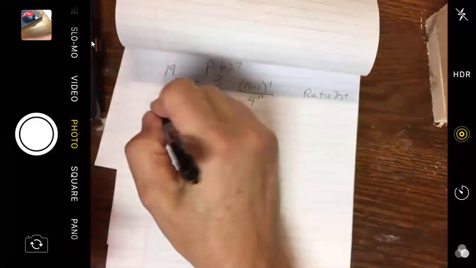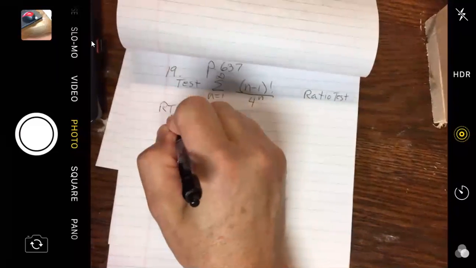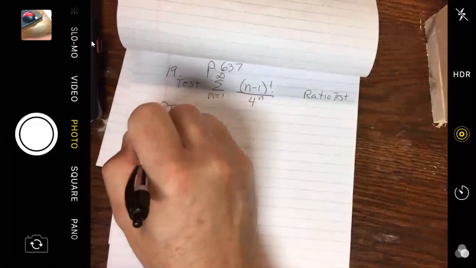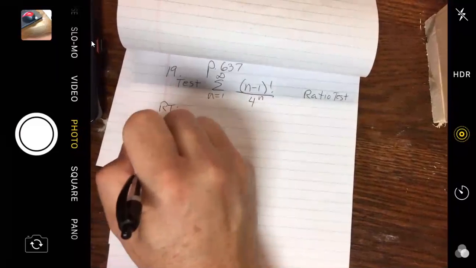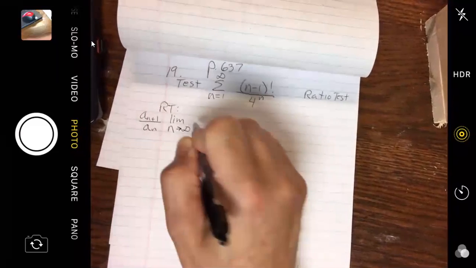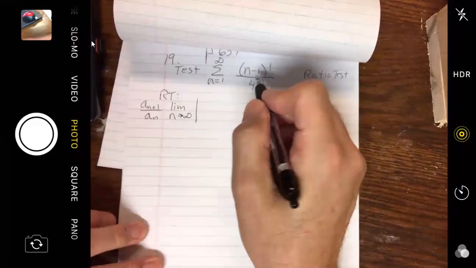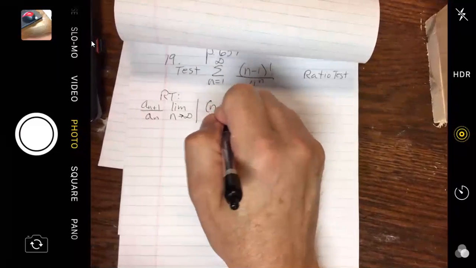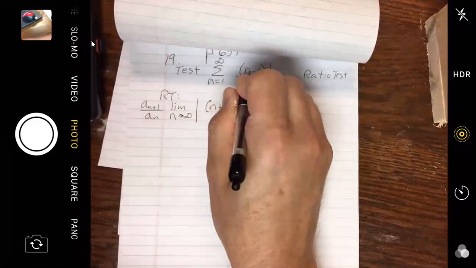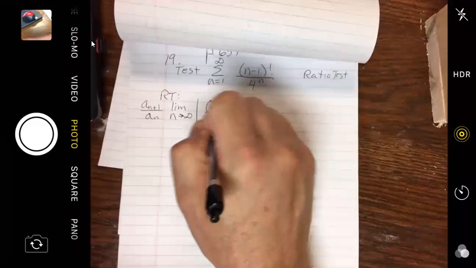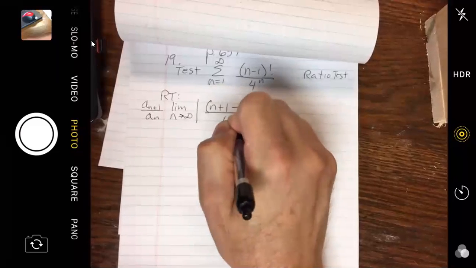So for a ratio test, you're taking a limit as n goes to infinity. I'll rewrite it over here. You're taking a sub n plus 1 over a sub n. Your a sub n plus 1 here is going to get a little tricky. You've got to really think here. I'm going to put an n plus 1 for that n, and then you're going to have minus 1, close parentheses, factorial, over 4 to the n plus 1.